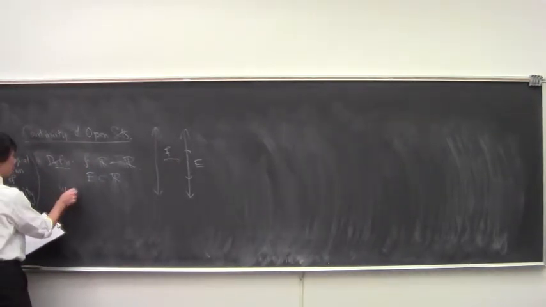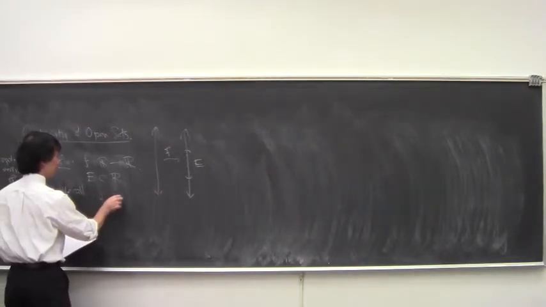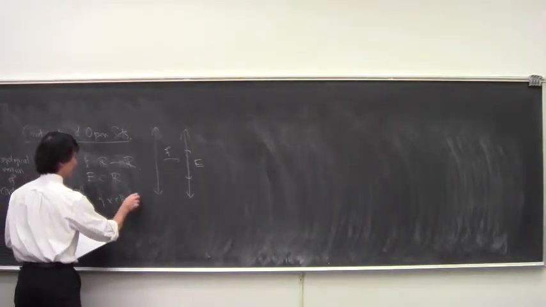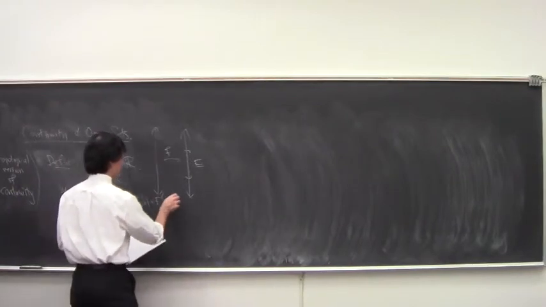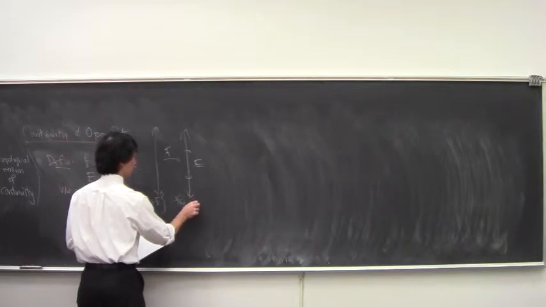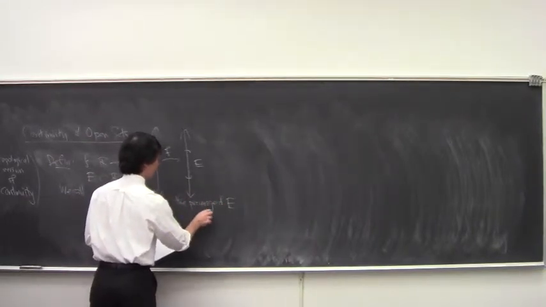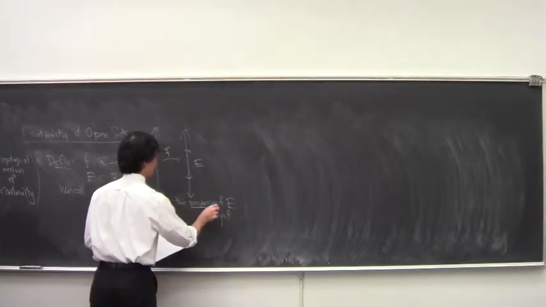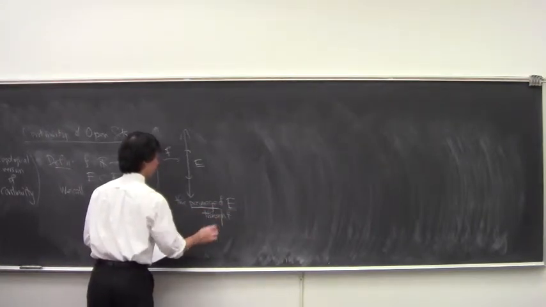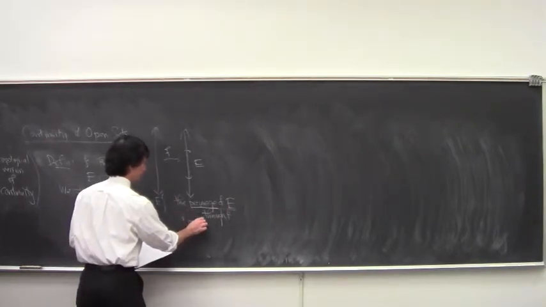We call the set of x in R such that f of x lies in E the preimage of E through F. Or sometimes people just call it the preimage of F.